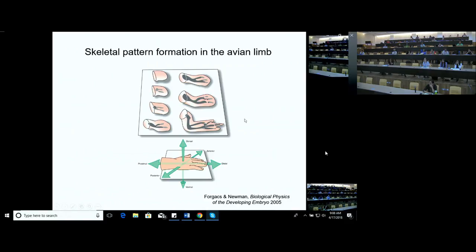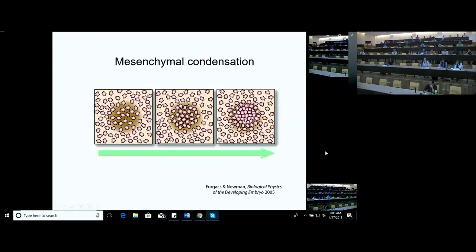Okay. Now, an important thing that happens before cartilage even differentiates is that the tissue inside the limb, it's called mesenchymal tissue, and you have these cells that are scattered and they're embedded in a jelly-like material called the extracellular matrix.